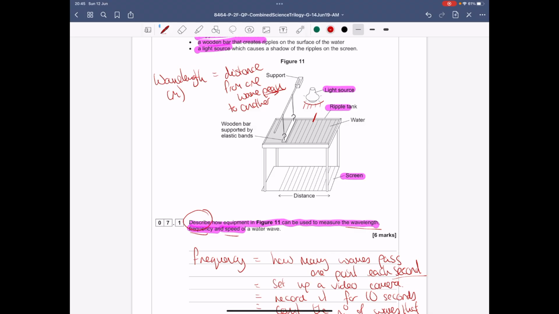So what we can do potentially, if it's difficult to see with the naked eye as it's going along, is take a photo of the screen.